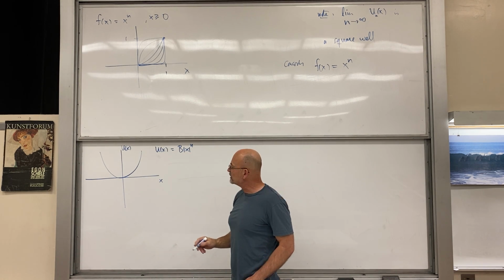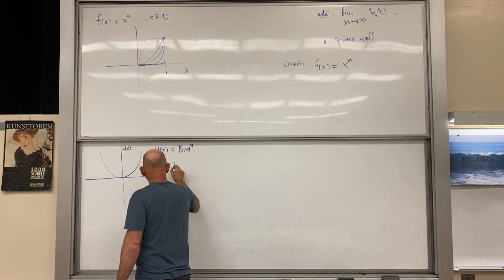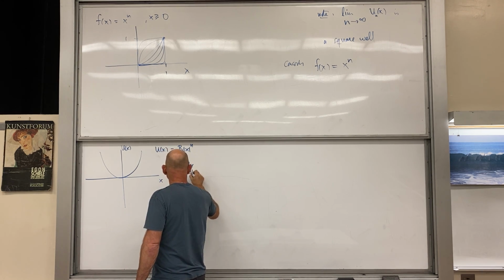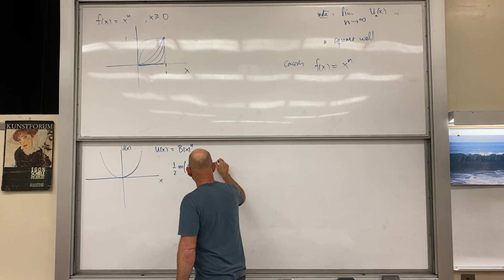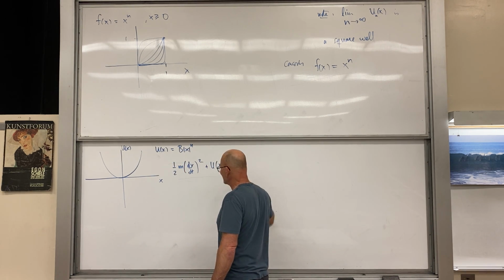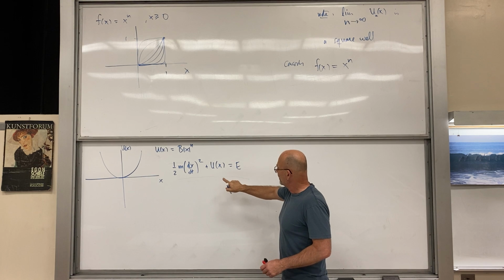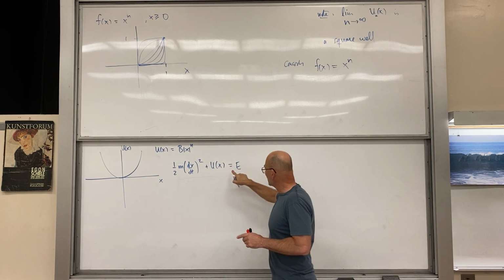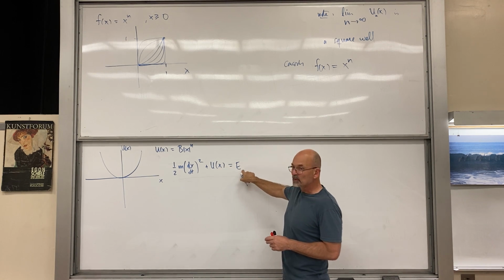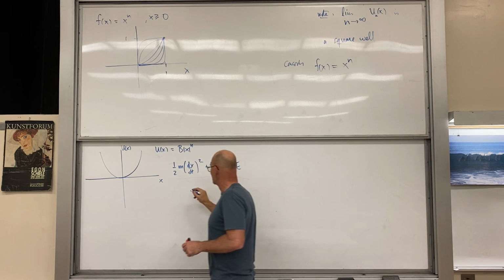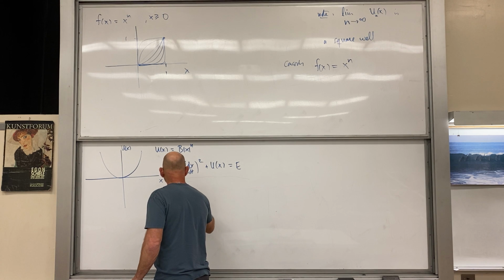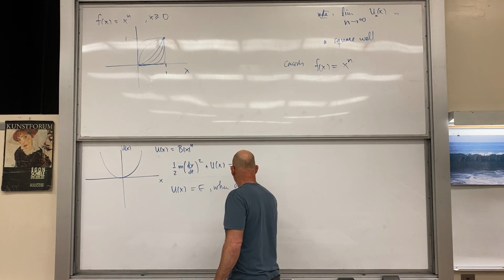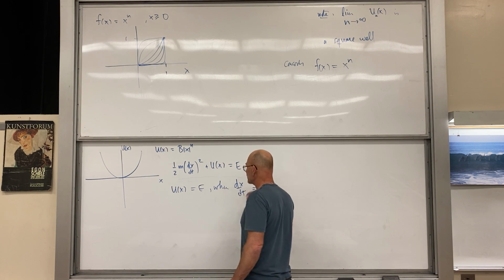And what about the energy? Remember, we have 1/2 m dx over dt squared plus u of x is equal to e. Well, when the velocity vanishes, that's when u of x is equal to e. U of x equals e when dx dt is equal to 0.